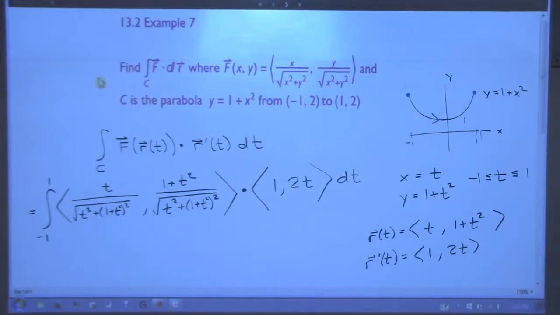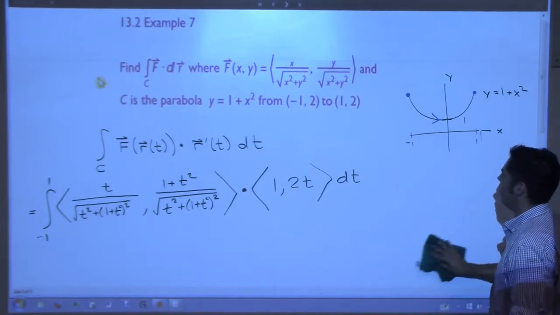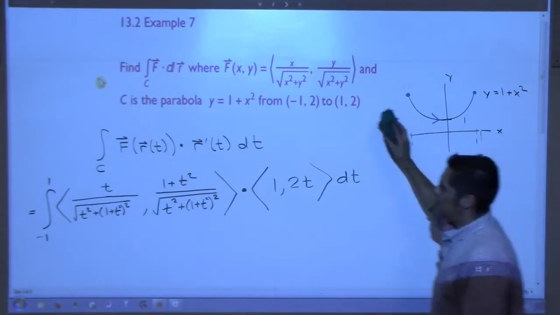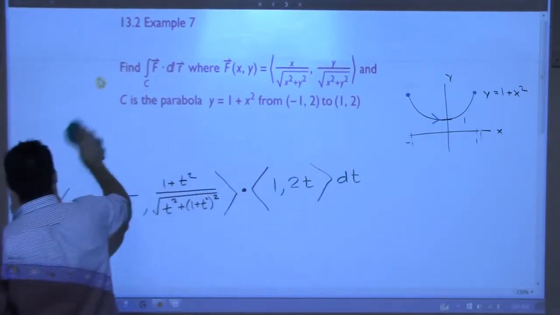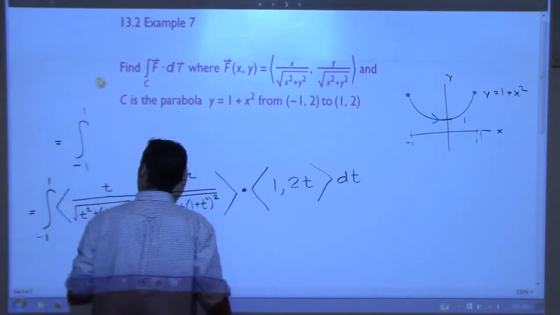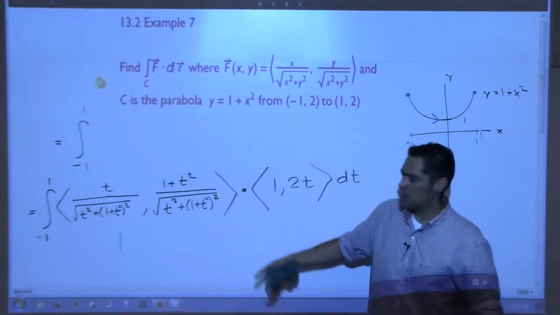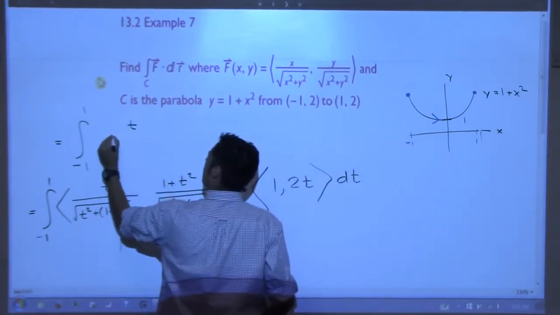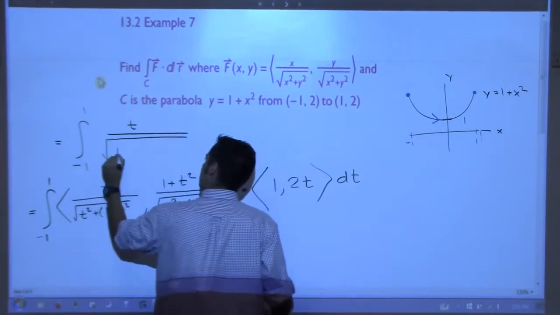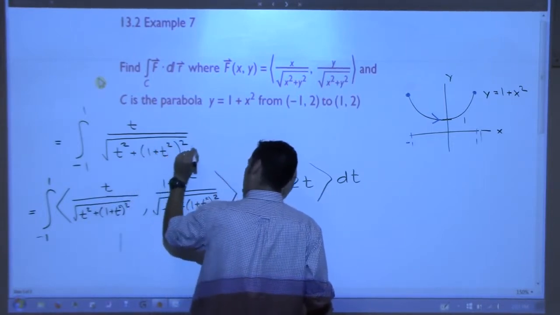All right, let's dot that out. I'm just having this really bad feeling that this is going to be horrible, but let's see what happens. Okay, this equals integral -1 to 1. All right, dot this 1 times the first piece. Okay, that's not so bad. T over the square root of t squared plus 1 plus t squared squared.